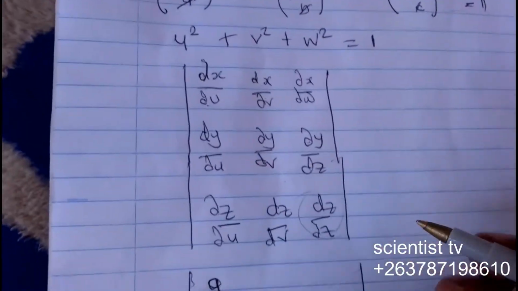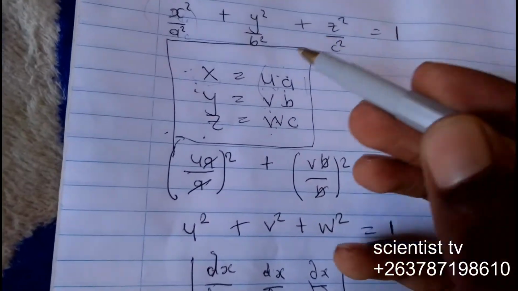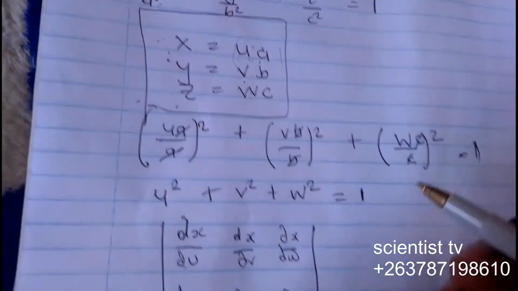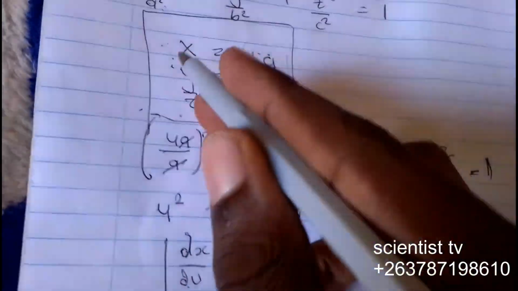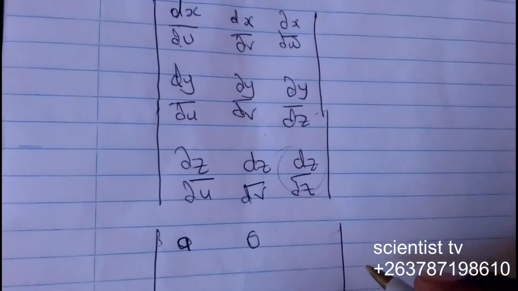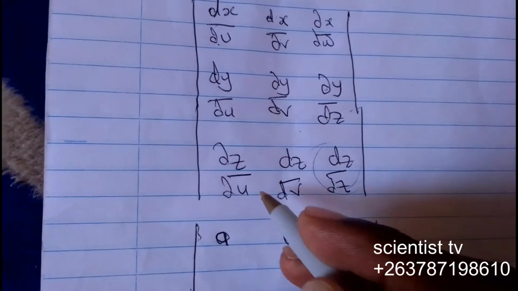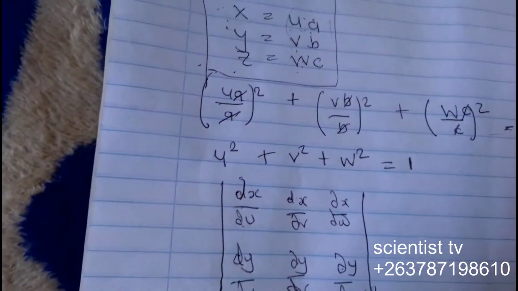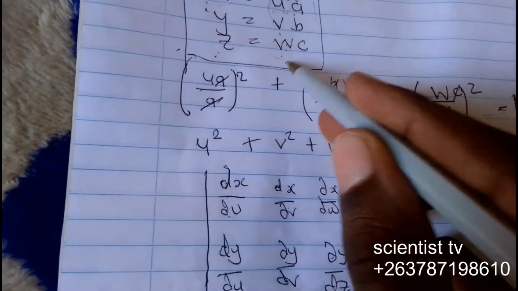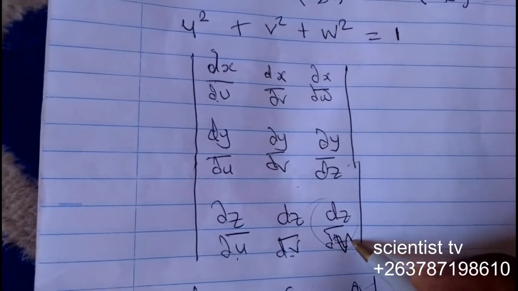Then the partial of x with respect to v is 0, so we write 0 in the column, and the partial of x with respect to w is also 0.